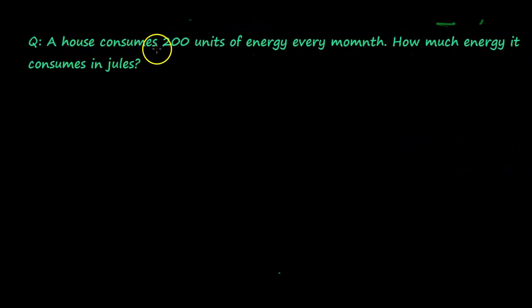It's saying a house consumes 200 units of energy every month. How much energy does it consume in joule? So basically we have to convert these units into joule. We have learned that 1 unit is equal to 1 kilowatt hour, and 1 kilowatt hour is nothing but 3.6 into 10 to the power 6 joule.